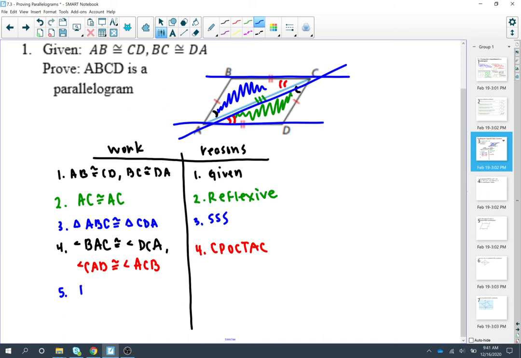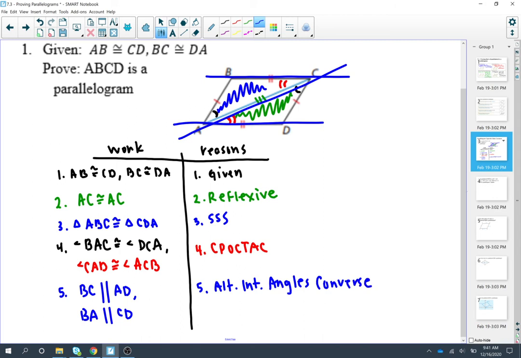So now I can say that BC is parallel to AD, and I can also say that BA is parallel to CD. And that is because of the alternate interior angles converse.